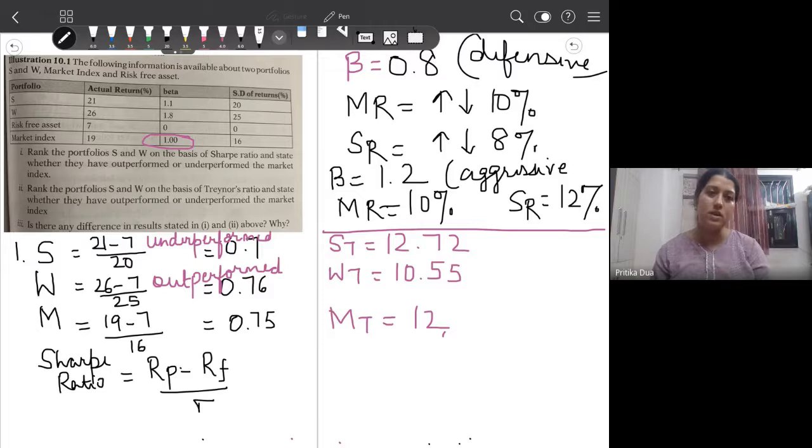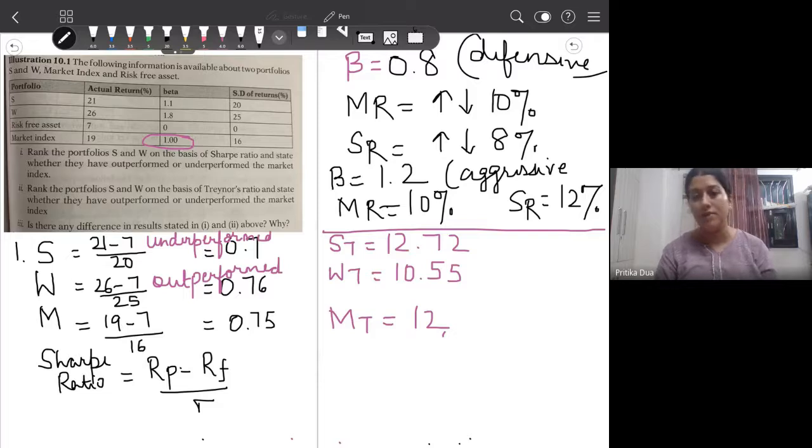why is there a difference in the results? The reason is in the formula itself, that under the Sharpe ratio, we are considering the total risk of the market, total risk, while under the Treynor ratio, we consider only the systematic risk of the investment.